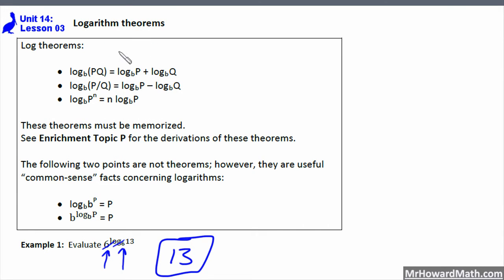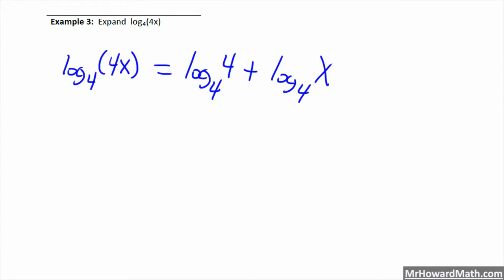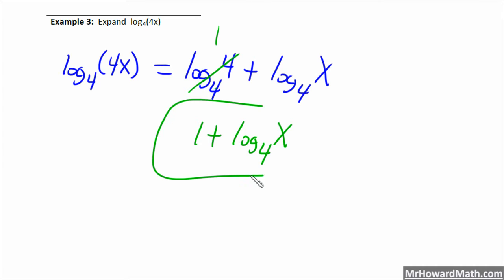We're going from multiplying the argument in here to splitting it into two pieces, adding both of them. That's what we just did there. So log base 4 of 4 though, that's just 1. Notice the base is the same as this number right here, so that's just equal to 1. So the final answer is 1 plus log base 4 of x, and that's your answer there.